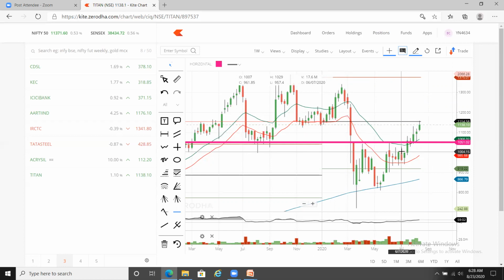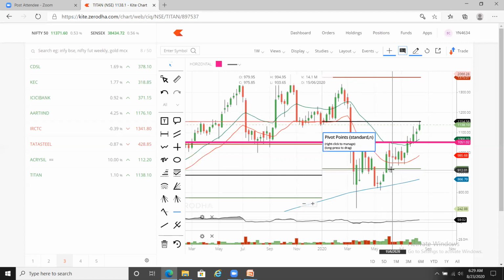That's the reason I had mentioned then that it is around 1010, 1004, and the main hurdle for it will be 1045, 48, because around 16th of March it faced a big resistance. You can see this 16th March bar, it started falling from 1047, and since then there was a big correction.